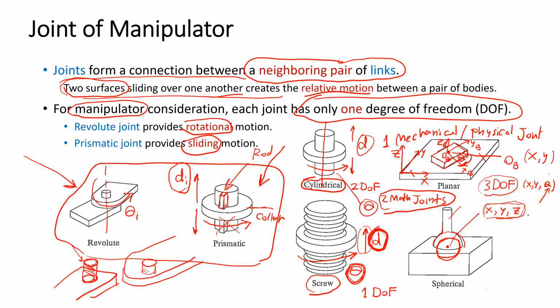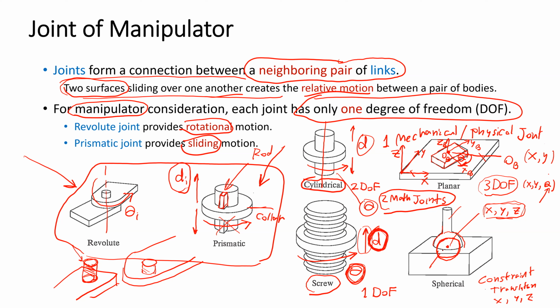The spherical joint constrains the translation in the X, Y, Z directions. We cannot move it, but we can still rotate.